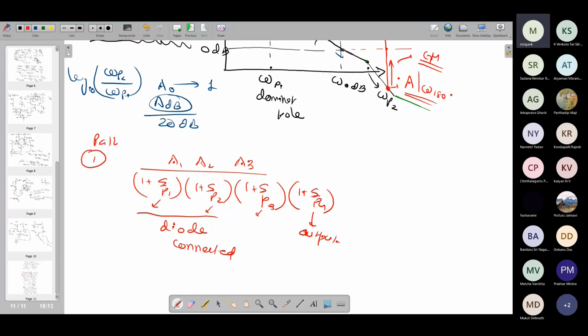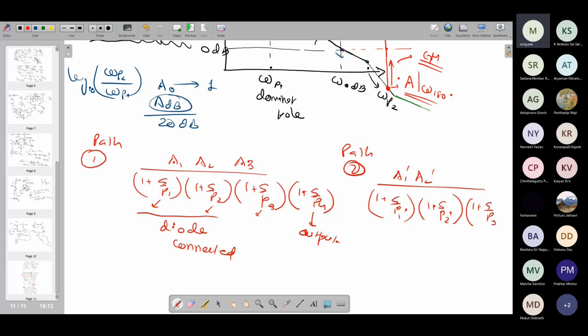And for the second path, you have a different transfer function, which is maybe A1 dash, A2 dash, slightly different from A1, A2, not exactly matched. And then you have 3 poles, 1 plus S upon maybe P1 dash, 1 plus S upon P2 dash, and 1 plus S upon P4. P4 is the same because the output node is common for both the paths.